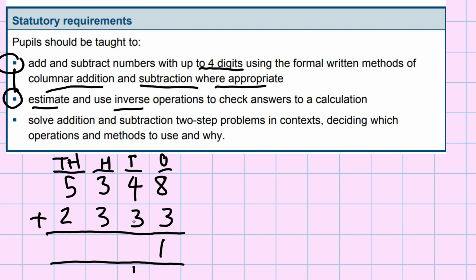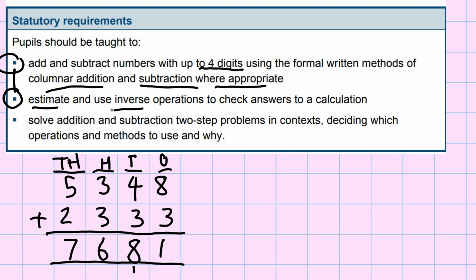So 4 add 3, add the carried 10 is 8 tens, which is 80. Hundreds column, 300 add 300 is 600. So put 6 down here. And the thousands, 5,000 add 2,000 is 7,000.